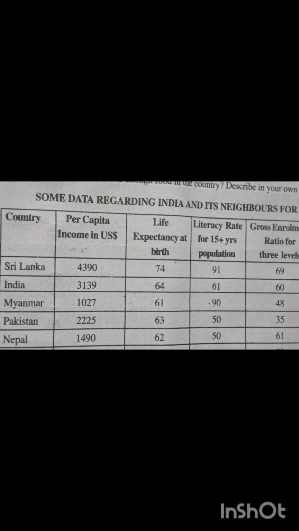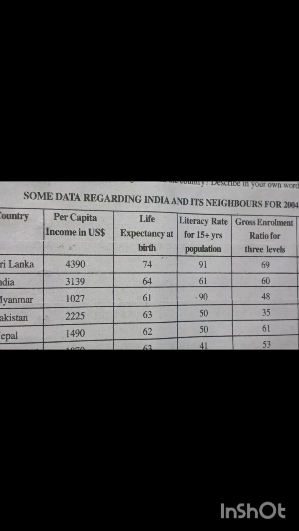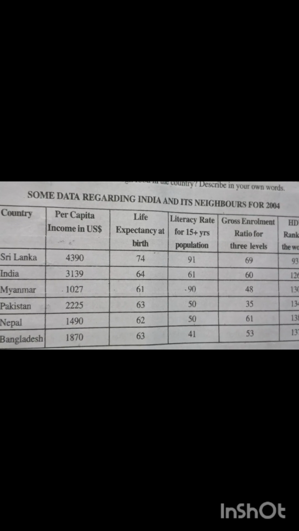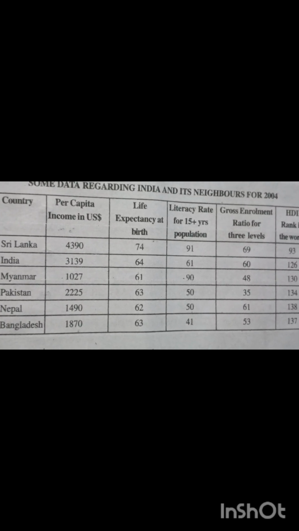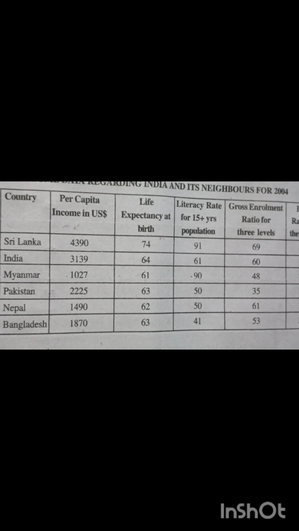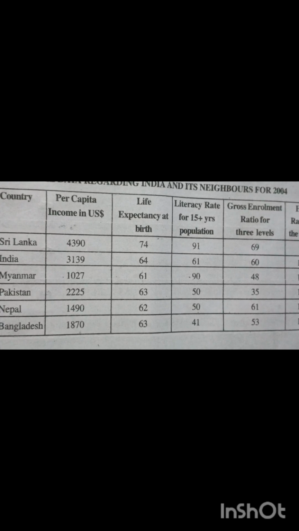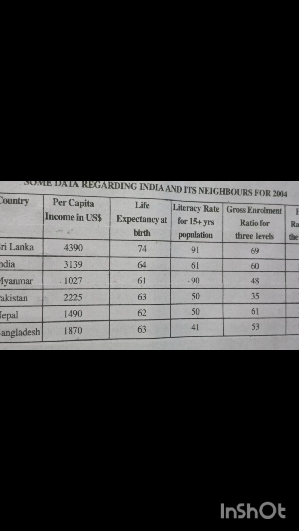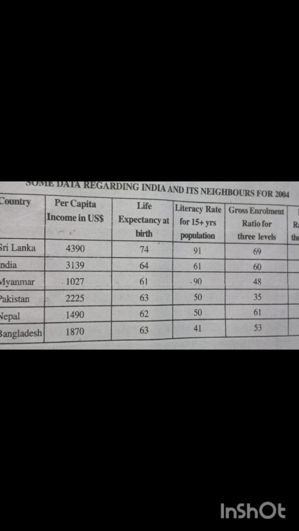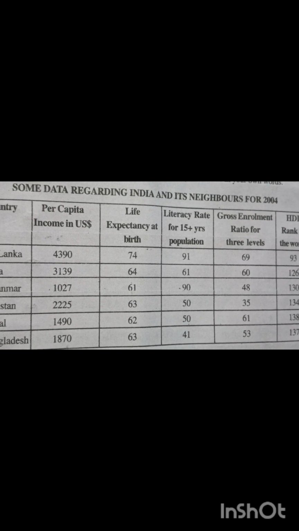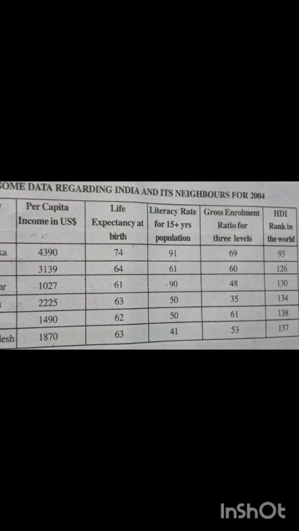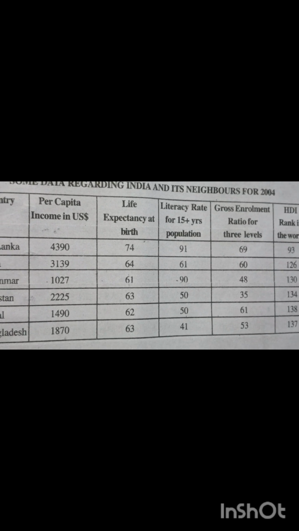Some data regarding India and its neighbors for 2004. Country, per capita income in US dollars, life expectancy at birth, literacy rate for 15 plus years population, gross enrollment ratio for the three levels, HDI rank in the world.